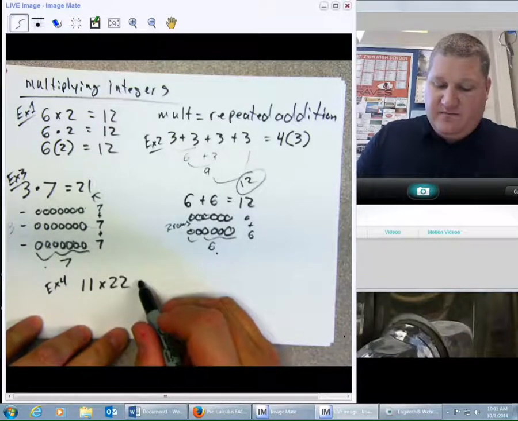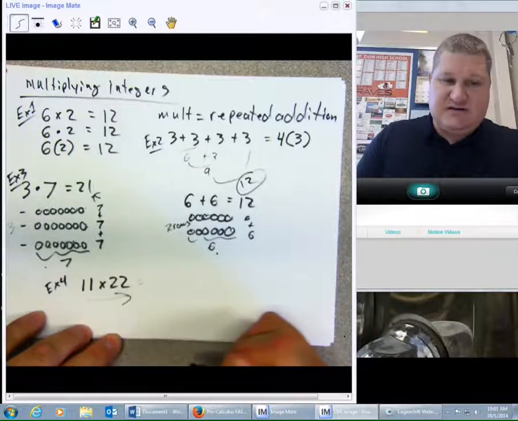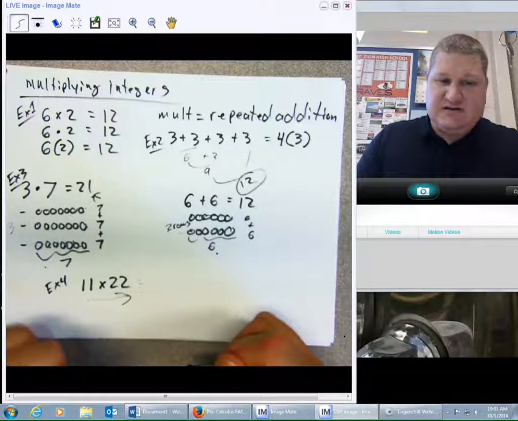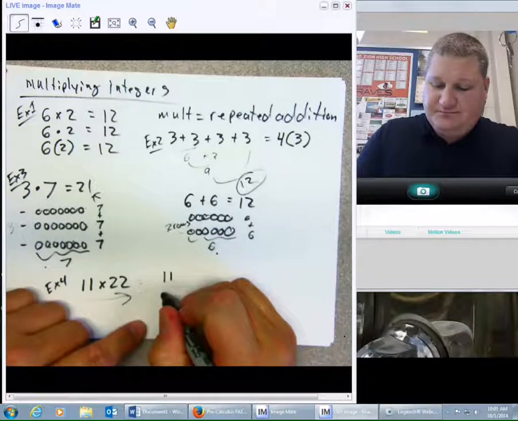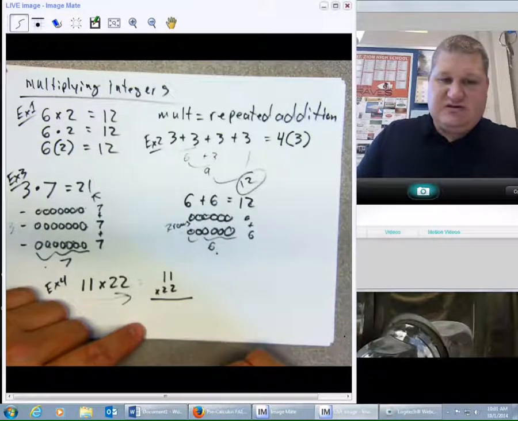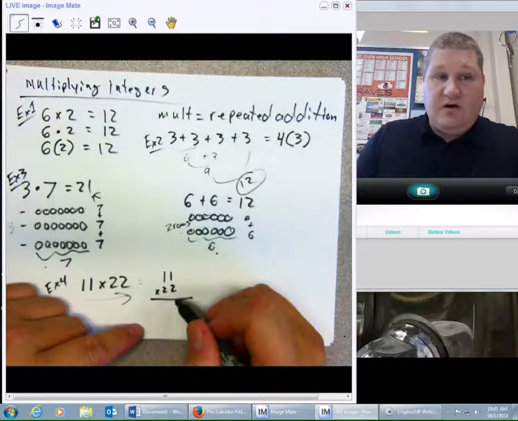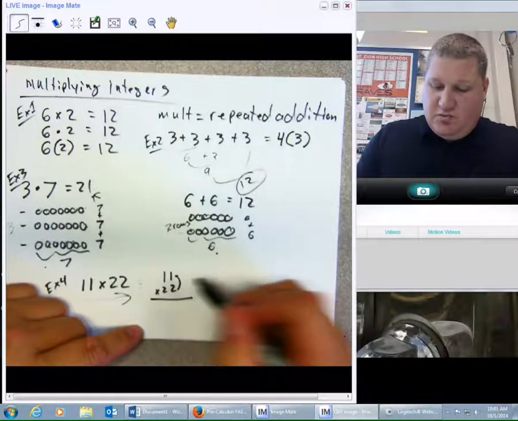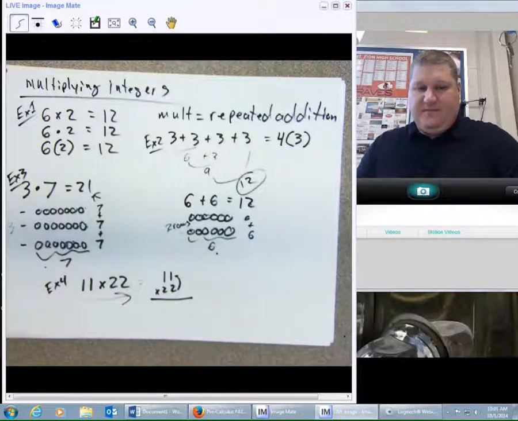Well, instead of doing it horizontally, sideways like this, let's stack it up and do it this way. Now, if I'm going to do it this way, I'm going to say 2 times 1. Let me switch markers on you. 2 times 1 is 2.